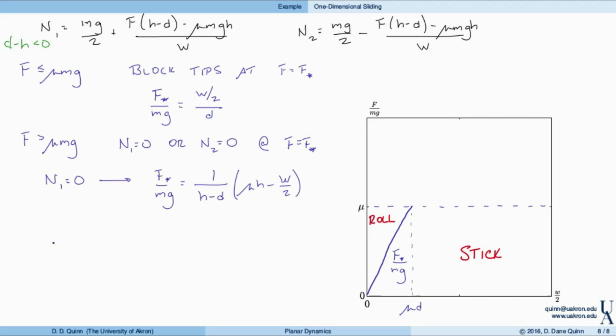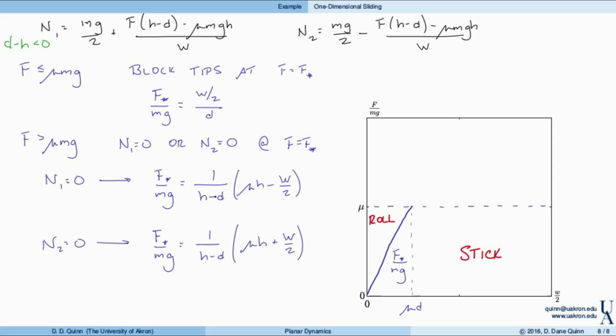While if N2 equals 0, we can solve for F star as 1 over h minus d, mu h plus w over 2. So these are the two values of the force that transition between slip, just steady slip, and rocking.